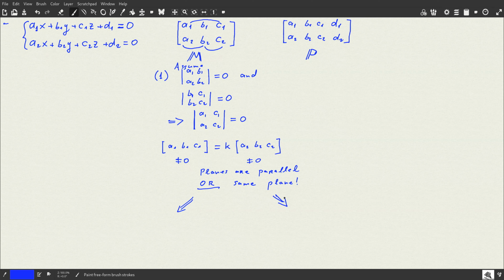A rank is for any matrix. By the way, matrix M and matrix P, these matrices are not square ones. This one is 2 by 3, and this one is 2 by 4. A rank is the maximum number of linear independent columns or rows. Let's see exactly what it means.